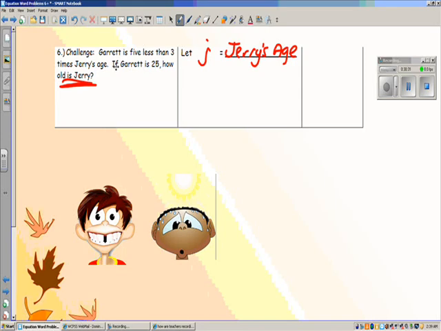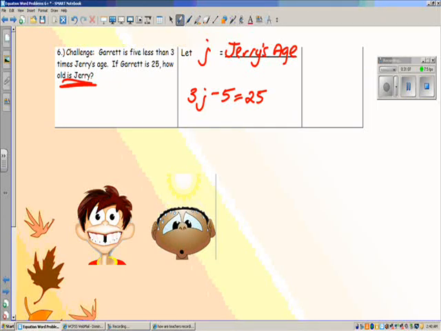Would that be written as 5 minus 3J or 3J minus 5? Hopefully you thought to yourself, it would be 3J minus 5. If it says 5 less than, that means you're taking away that from Jerry's age, 3 times Jerry's age. So we represent that with 3J. And Garrett is 25, so we can set that equal to 25.